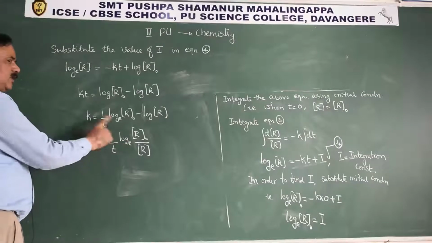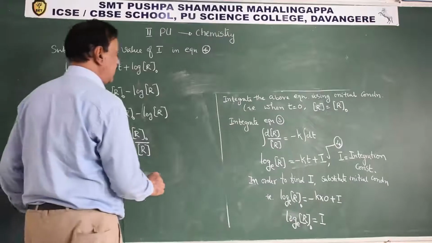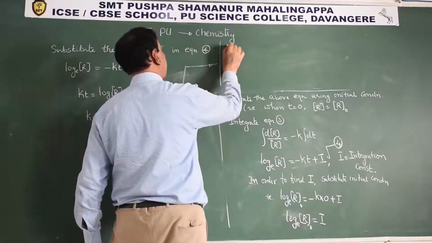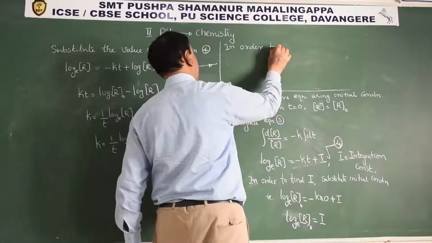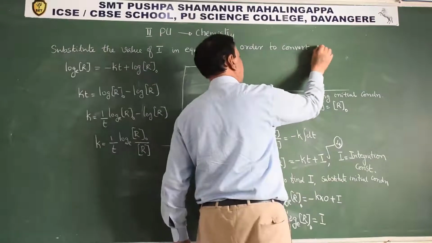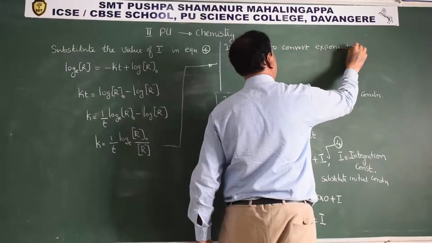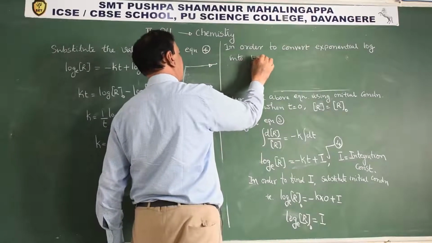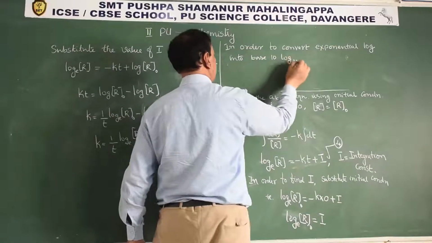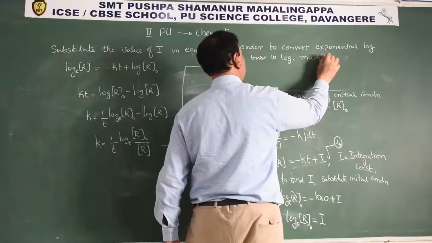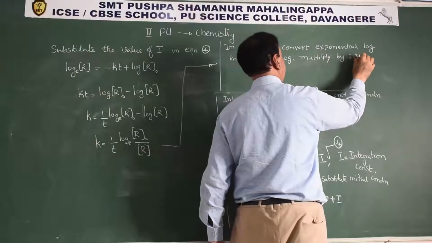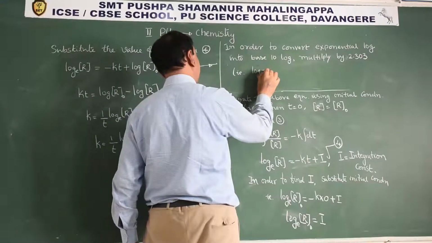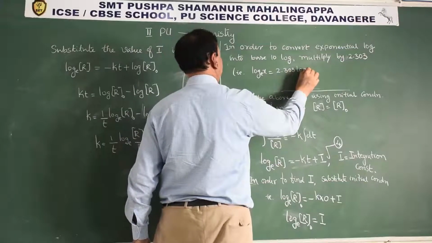In order to convert exponential log into base 10 log, multiply by 2.303, that is, log base e x is equal to 2.303 log base 10 x.